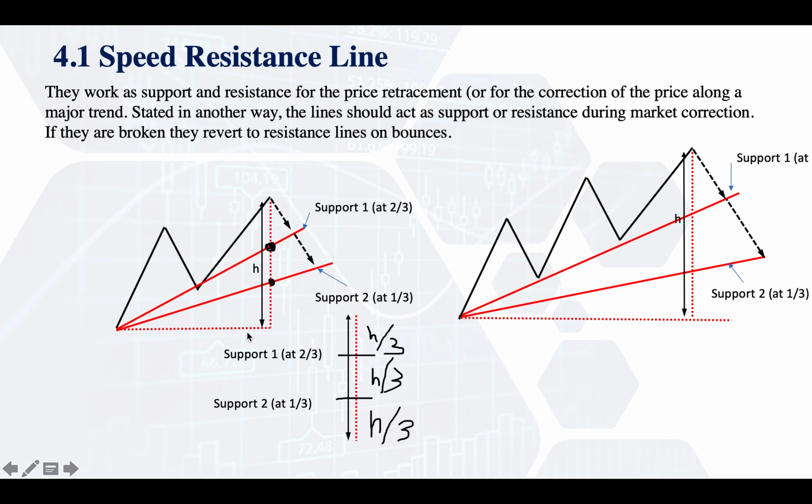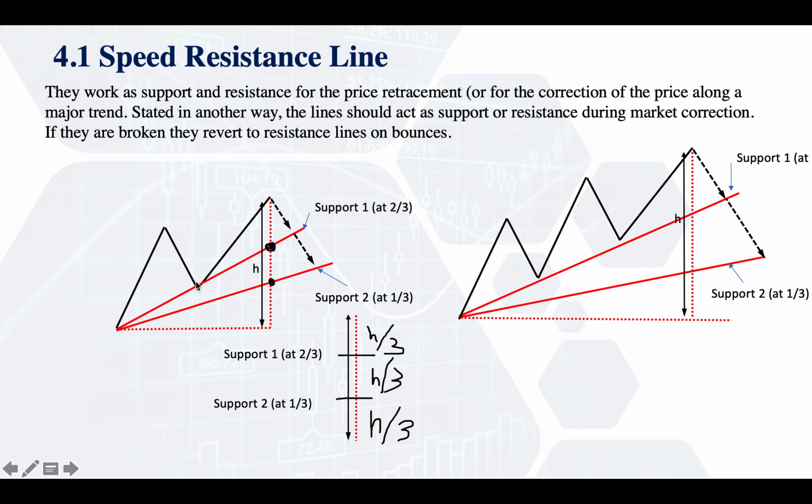This is a 90-degree angle forming this triangle that I'm drawing with my cursor. Divide this depth, this h, by 3, because we are going to have 2/3 and 1/3. This is the concept. Once we divide by 3, we just need to define the first support and second support.